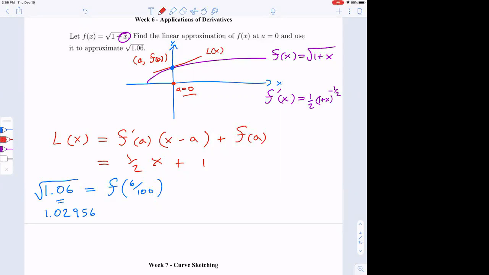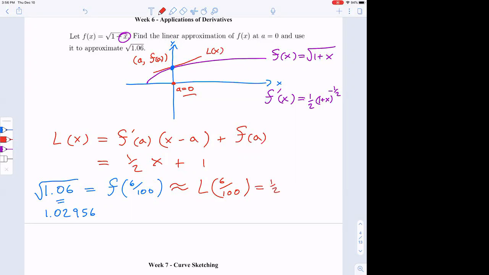Okay, now starts the estimation. So we're estimating on the line L with this same point. We're saying that it's easier to calculate stuff on this line. I don't have to deal with any square roots over here, unlike with the function. So if we plug it into the line, what do we get?